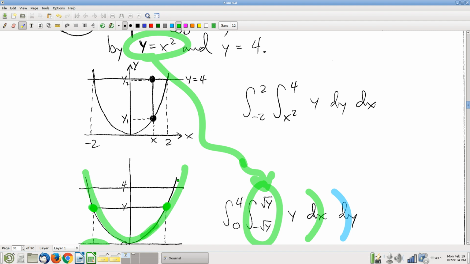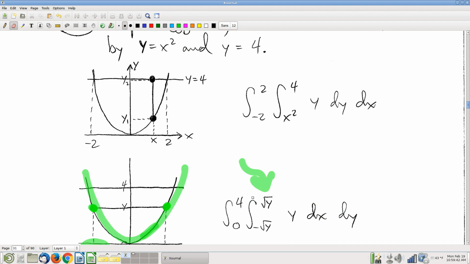Those 2 points are on the same curve, so it's all the same algebra. So you have negative square root of y to positive square root of y. So you've got to pay really careful attention to the geometry of the situation and which way you've decided to slice. Sometimes you have to earn it: do a little bit of algebra, solve for the variable you're interested in, and sometimes the variable that you're interested in is just given to you. But the geometry and the choices that you've made about which order you're slicing in tell you which one is which.